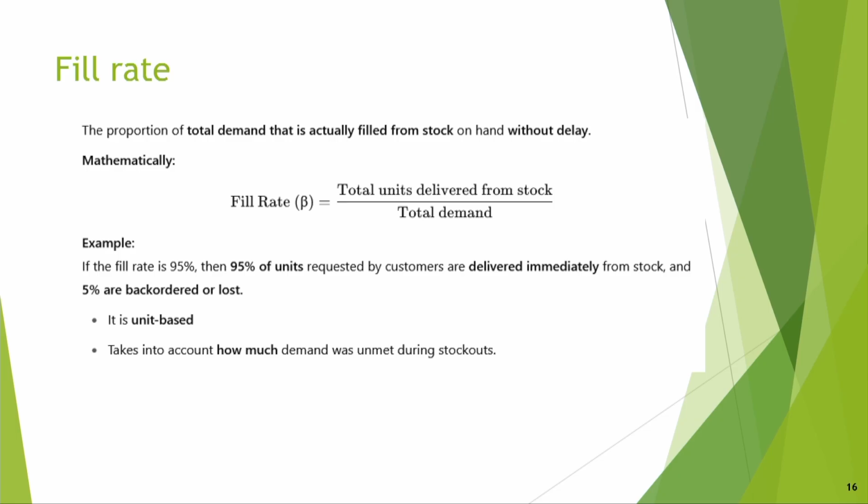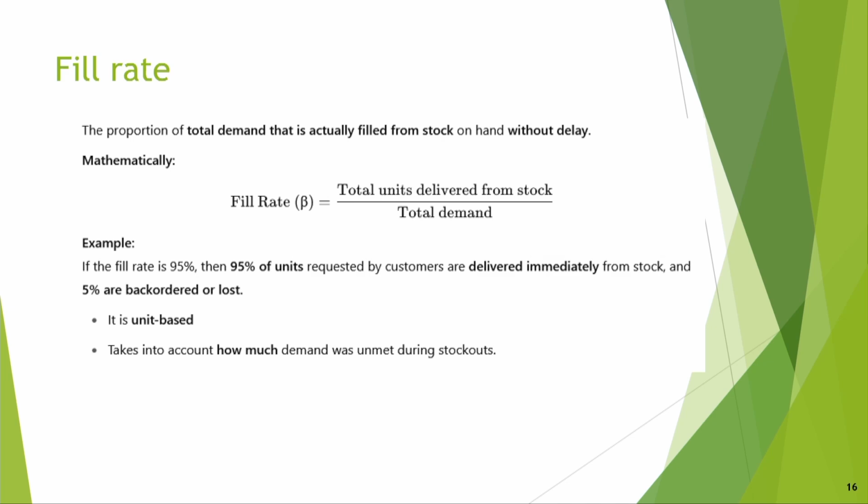It is not that there has to be a lot of statistical data as with service level. As I said, suppose you did 100 cycles, and in 90 cycles you were not stocked out, so service level is 0.9. But here, even in one cycle, suppose you could fill 95% of the units from the reserve stock and only 5% you could not fill, then the fill rate will be 0.95.